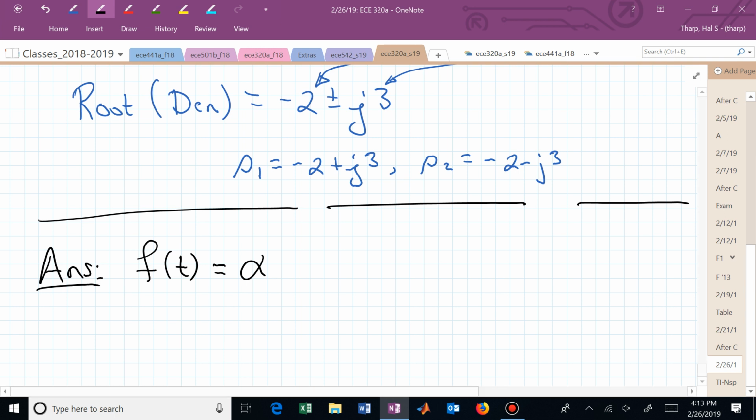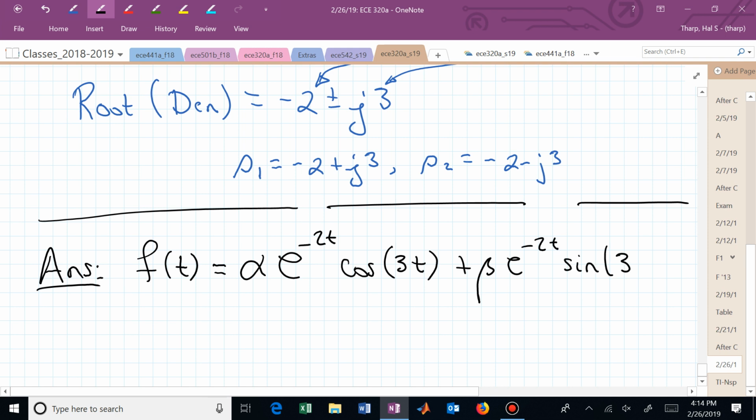I now have an alpha e to the minus 2t, and what's the frequency of oscillation? That's the imaginary component of those complex roots. It's oscillating at 3 radians per second. So this is cosine of 3t, plus an exponentially damped sine at the same frequency, and the damping is the same. And that's true for t greater than or equal to 0.